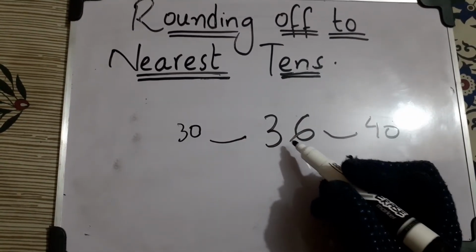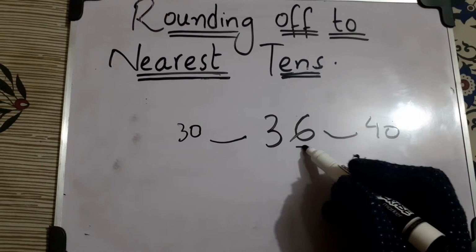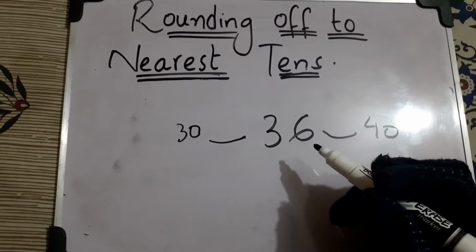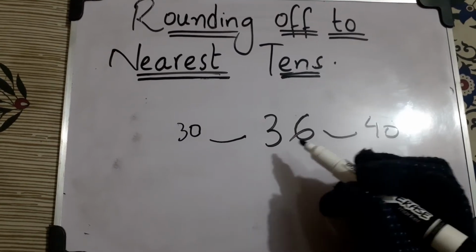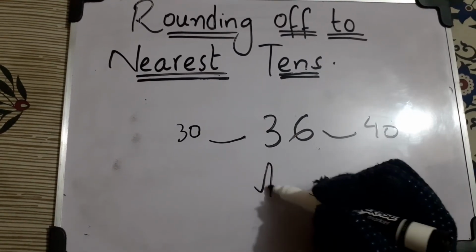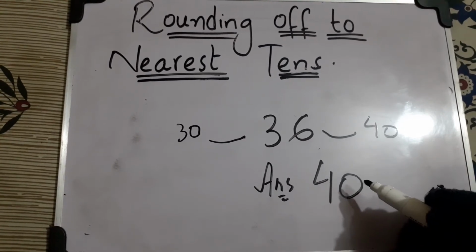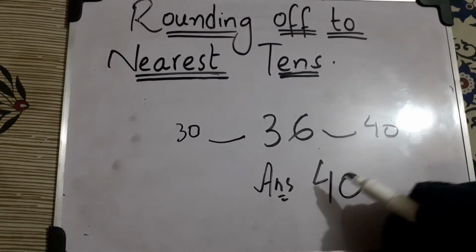Now we will check the digit. It's 6, bigger than 5, so round off goes ahead, so the answer will be 40.